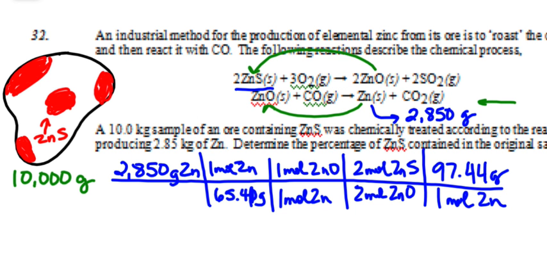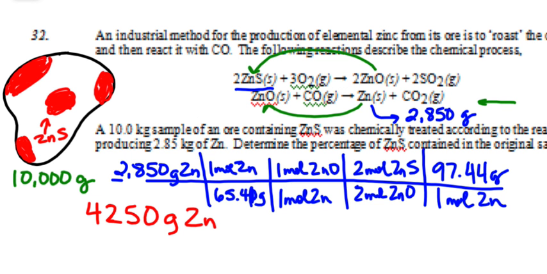Meaning, do the math. That sounds a little bit better. Say it again, Alex. 4,245.59. So let's just say, give me 3 sig figs. 4,250. 4,250 grams of zinc sulfide.